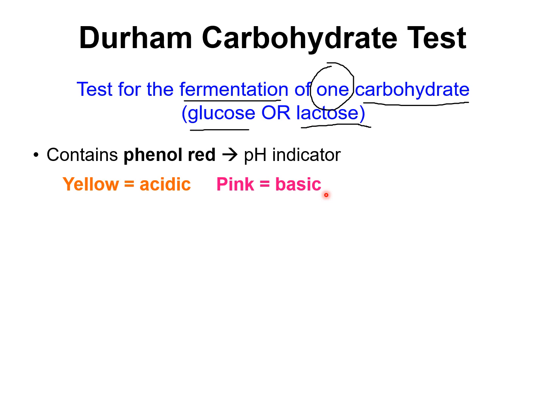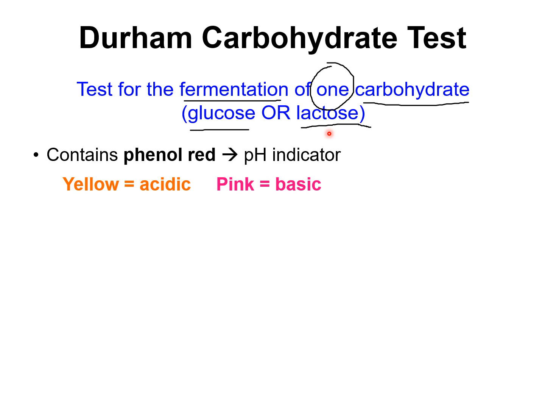Now, if the bacteria goes through a fermentation process, when a bacteria ferments carbohydrates, one of the main products that will result is acid.